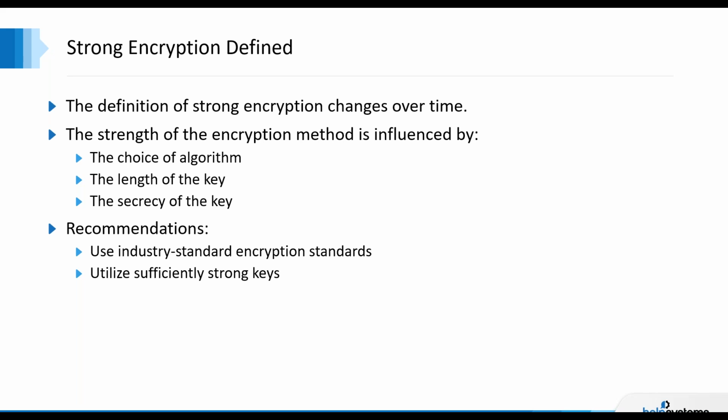The recommendations we have are to use industry standard encryption algorithms. Like I said, AES is considered pretty much the go-to at the moment, and we want to make sure we're utilizing sufficiently strong keys. Now, like many things in security, we have to be careful about how we define the word strong. When we talk about privileged users, for example, we have to define what does privileged mean?